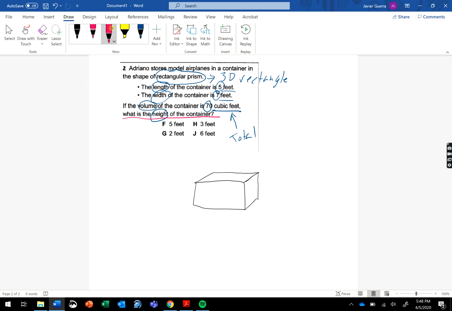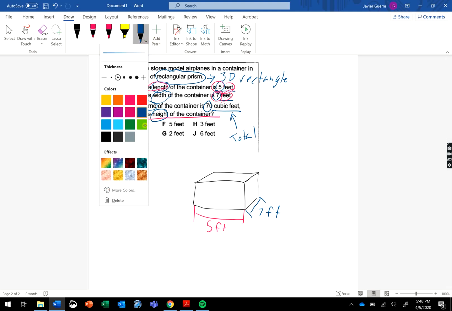So what do we know? We know our length. Okay, our length is 5 feet. So that means that this part here is 5 feet. What else do we know? We know the width is 7 feet. Okay, that means the width here is 7 feet. And we don't know our height.